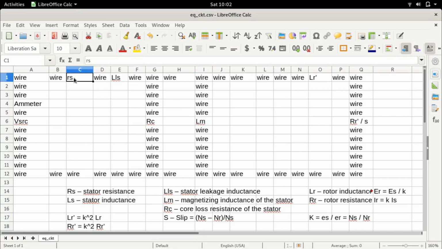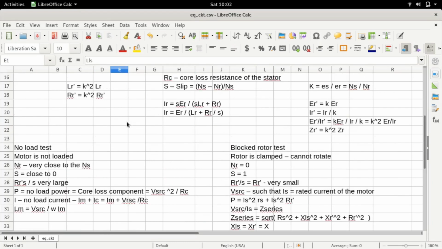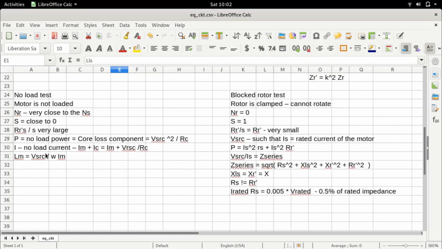Usually we do not estimate the stator resistance or the leakage reactance of the rotor because, since the current is negligible at no load, the drops across these will be negligible. So with this, as I said, we can estimate the core loss component and we can also estimate the magnetizing inductance.